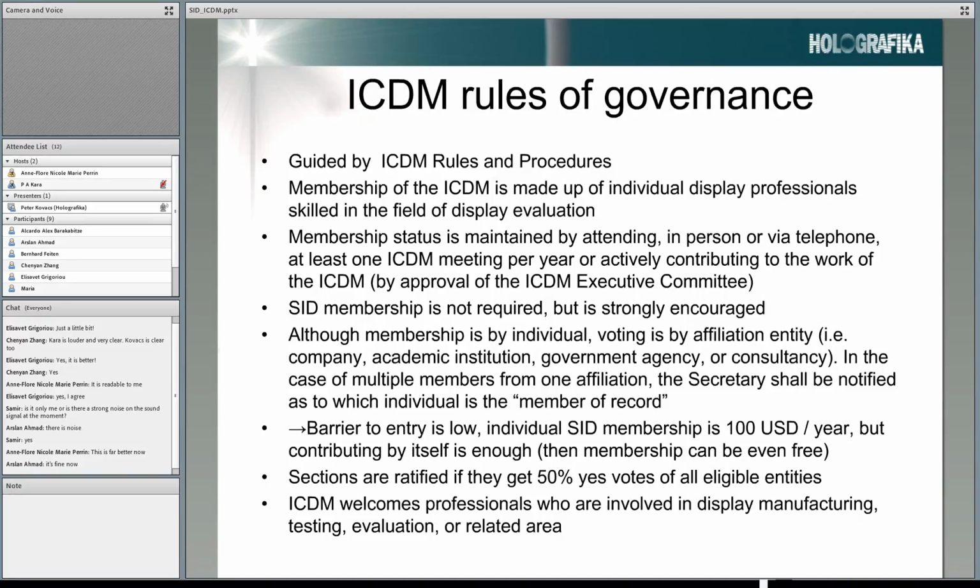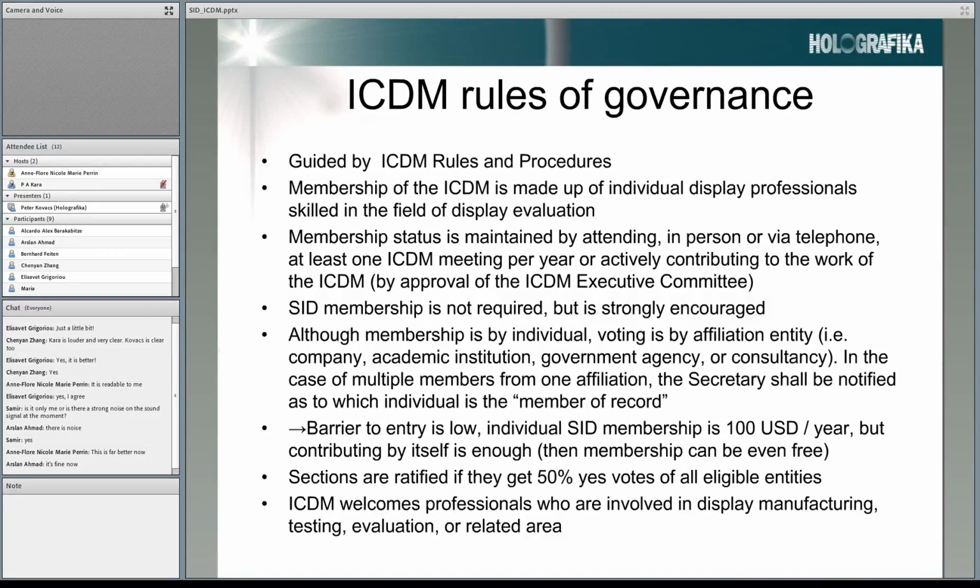So according to these rules, contributing to the standard has a low barrier, because individual SID membership is $100 a year, but even this kind of membership is not mandatory to contribute to the standard. So it's not as expensive to contribute as some of the other bodies.